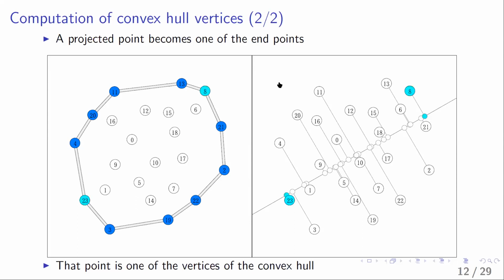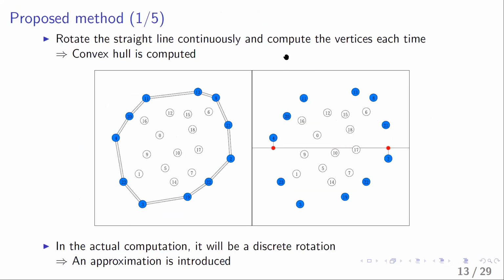At this time, when the projection point of a certain point becomes an end point, the point becomes a convex hull vertex. Therefore, the convex hull is computed by continuously rotating the straight line and computing the convex hull vertices each time.